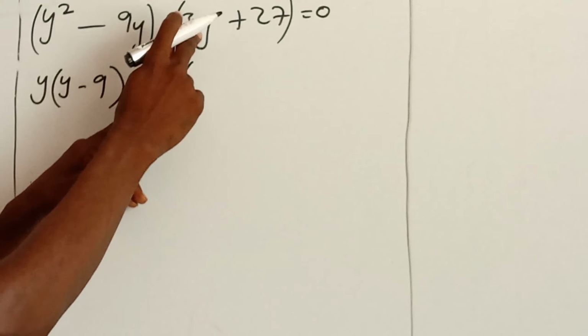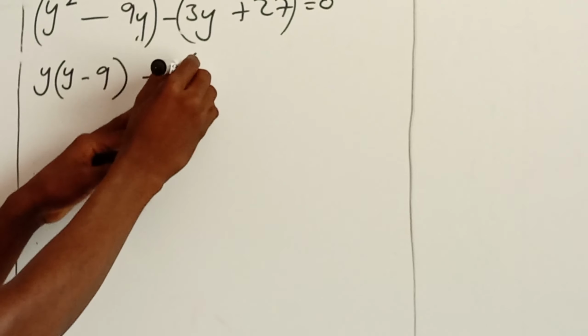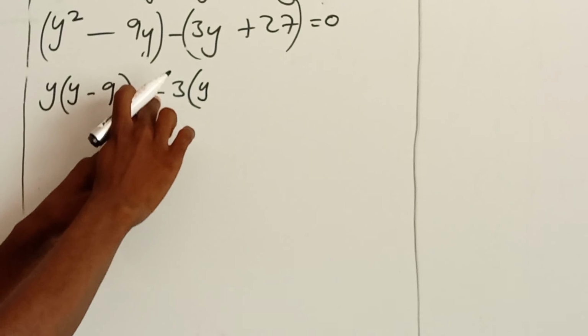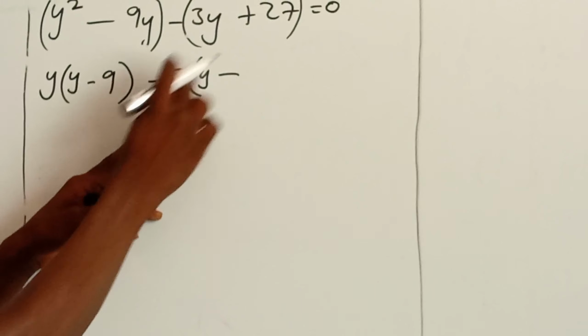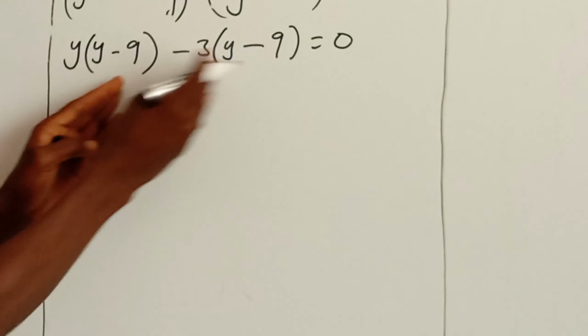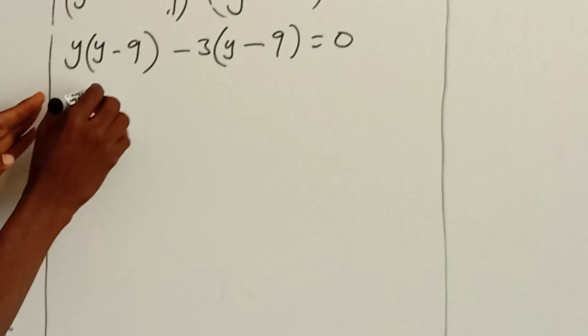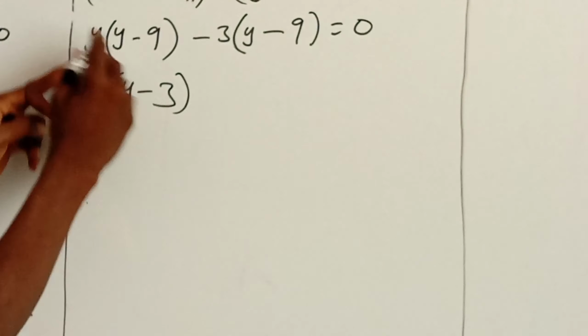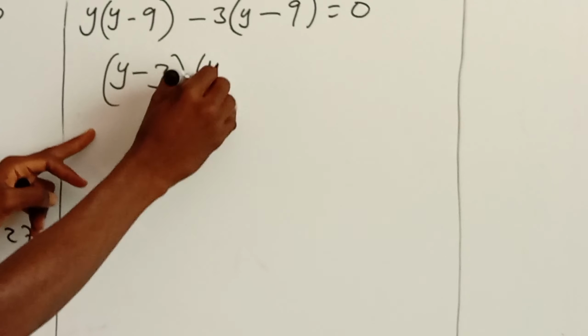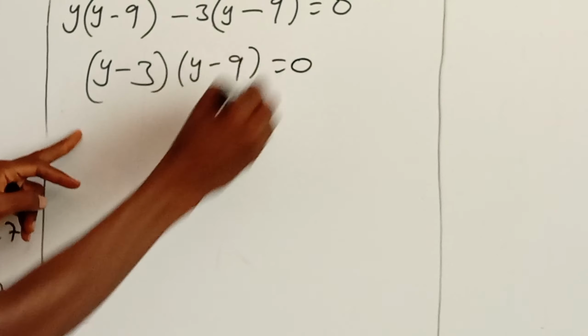So here 3y divided by 3 is y. Minus times plus is minus. So how many 3 can enter into 27? 9 times. Equals to 0. So since they have something in common, these two brackets, you consider 1. So y minus 3, y minus 9 equals to 0.